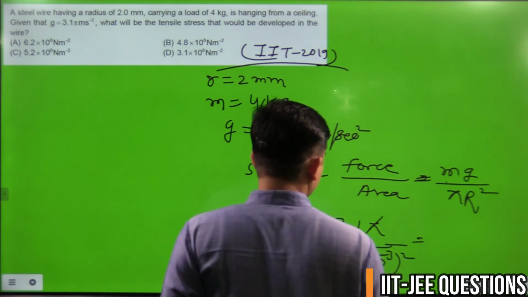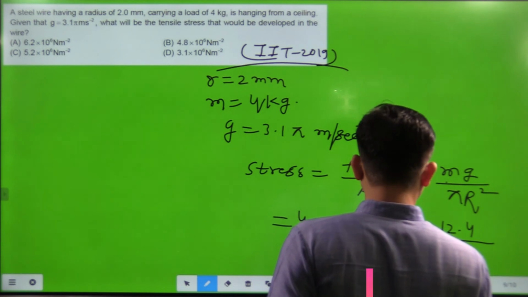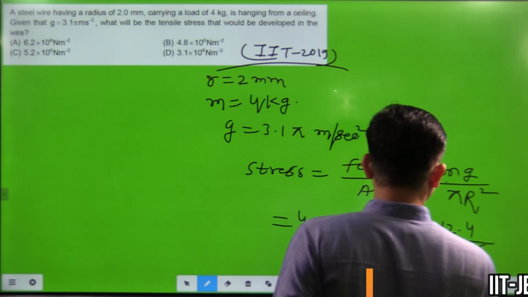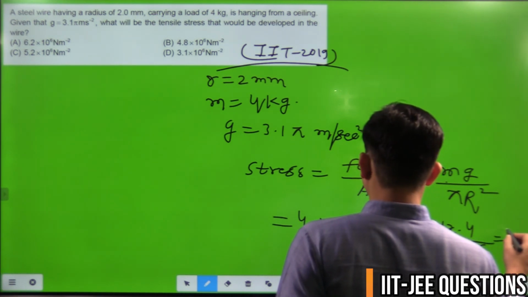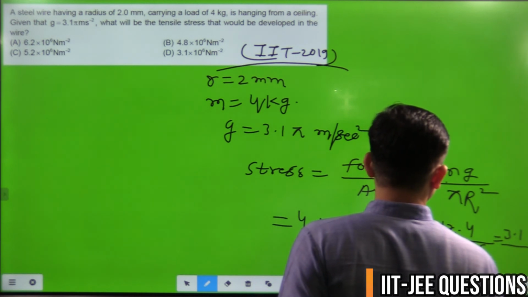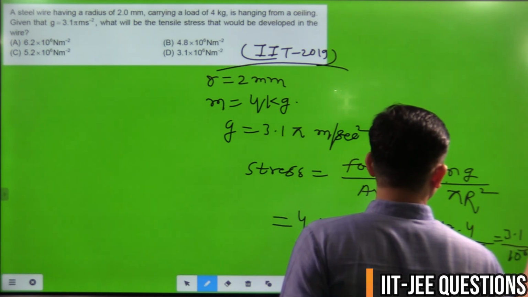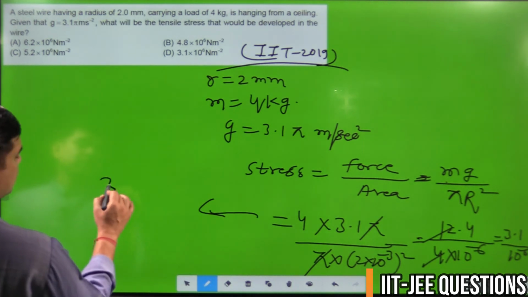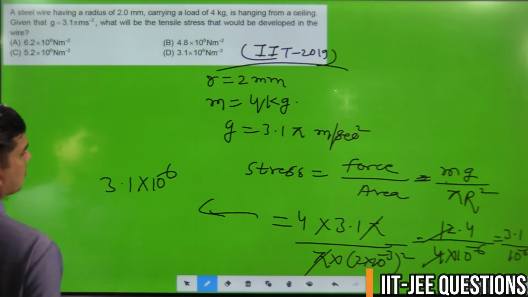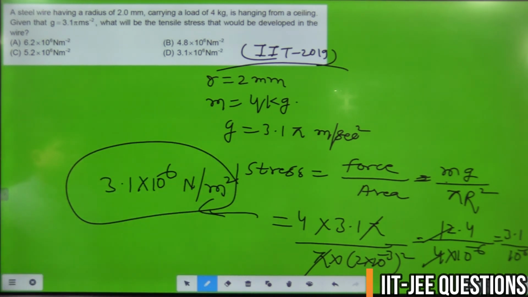Pi and pi cancel. 4 into 3.1 upon 4 into 10 to the power minus 6. Again 3.1, no need to cancel it, upon 10 to the power minus 6. And finally we get 3.1 into 10 to the power 6 Newton per meter square as our tensile stress. Very simple.